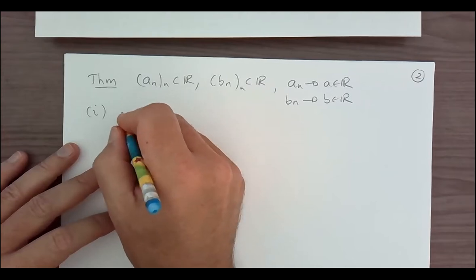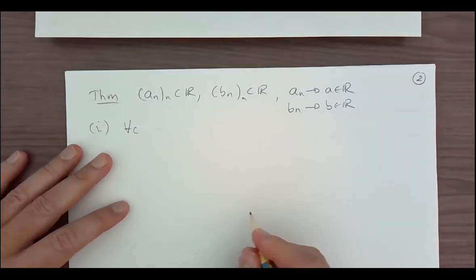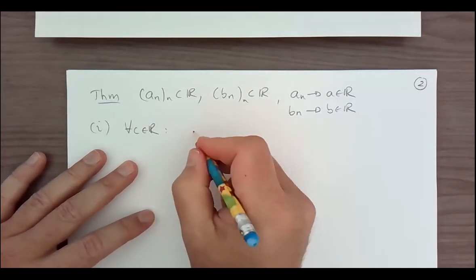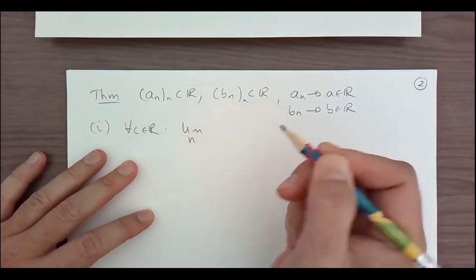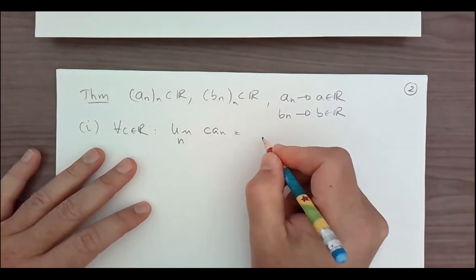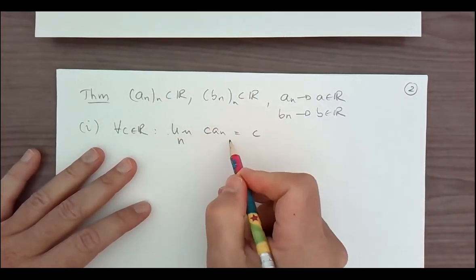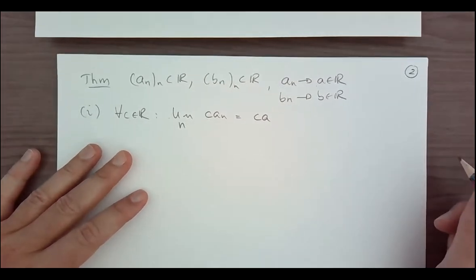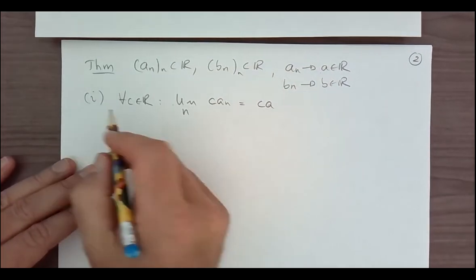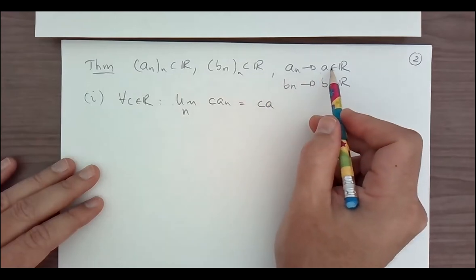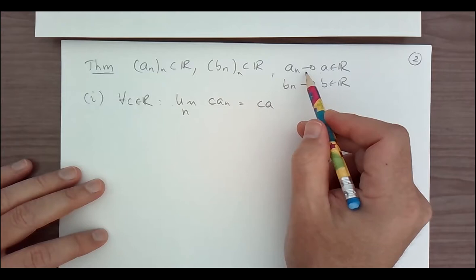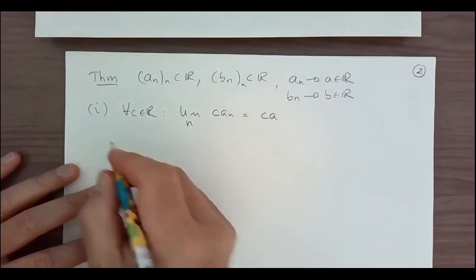Well, the first one is that if I take a constant c, say a real number, it's true that if I take the limit as n goes to infinity of the constant times an, this can be computed simply by taking c outside, and then I'll get c times a. So that's possible. Keep in mind here we're talking about limits that are in R. We're not allowing the sequences to converge to plus or minus infinity.